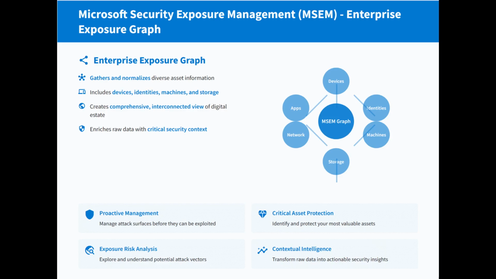The Security Exposure Management's core purpose, and that of the Enterprise Exposure Graph, is to provide a unified view of your security posture across all company assets and workloads. It enriches raw asset data with critical security context, which may enable you to proactively manage attack surfaces, protect critical assets, and explore and mitigate exposure risk more effectively.